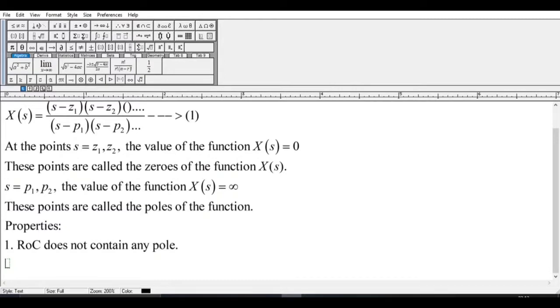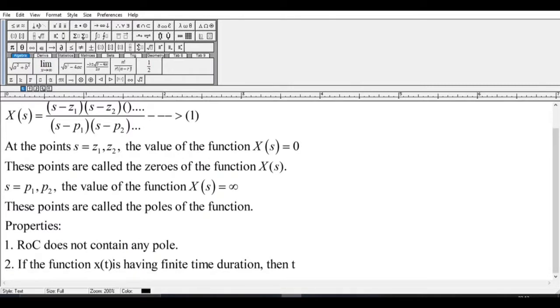Second property says that if the function x of t is of finite duration, then the ROC will be the entire complex S-plane except s equal to 0 and s equal to infinity. Now there is something which I would like to elaborate.